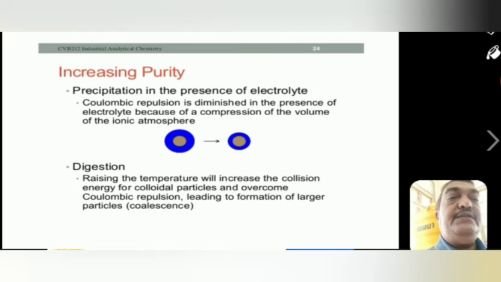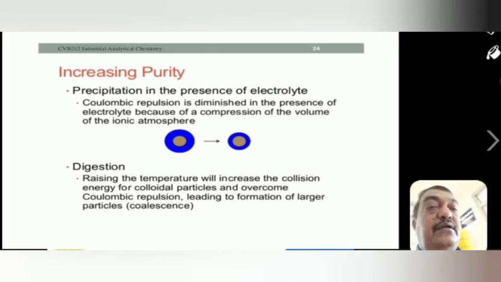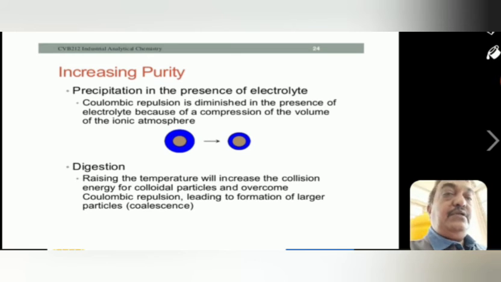So, precipitation in the presence of electrolyte. Already I have told you the electrolyte is of good condition, so that the size of the crystals obtained in the final stage of the gravimetric estimation should not sink.